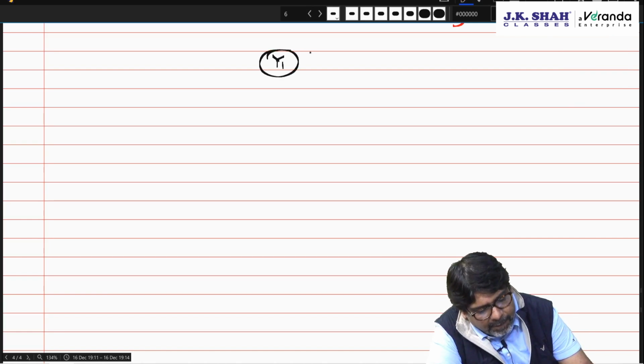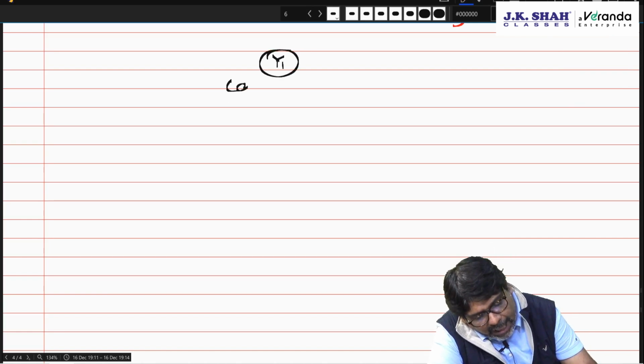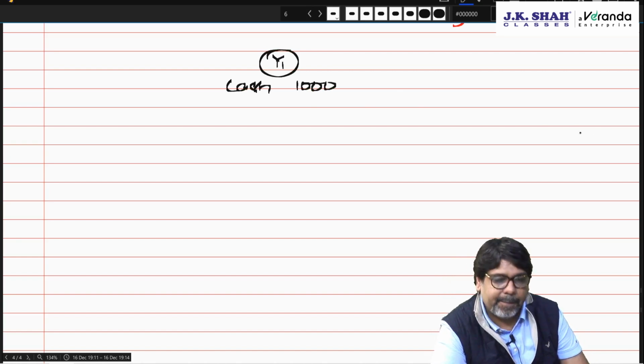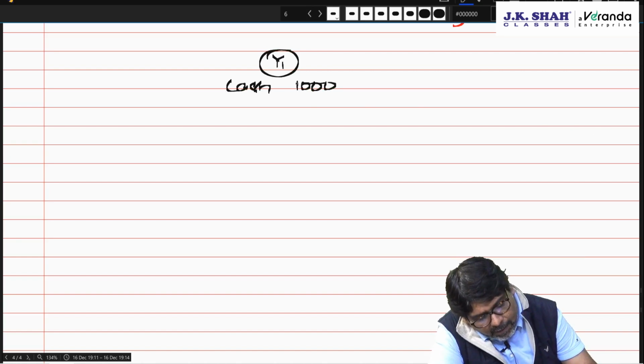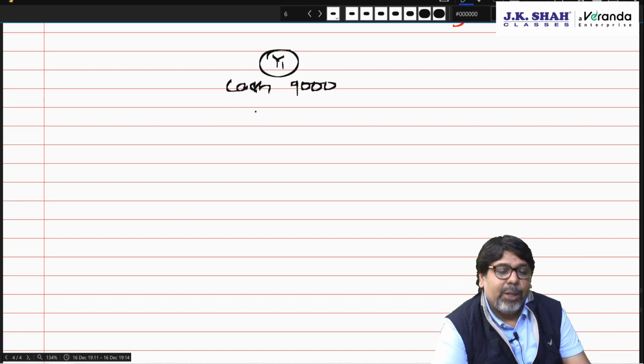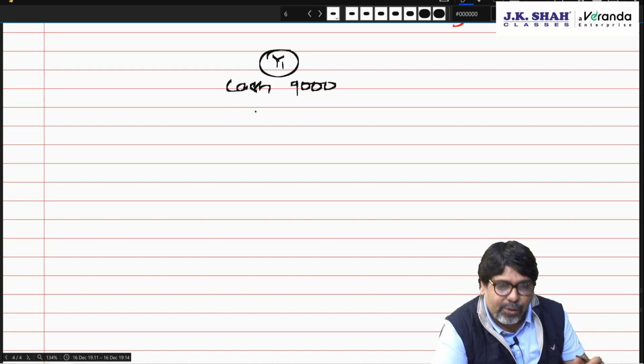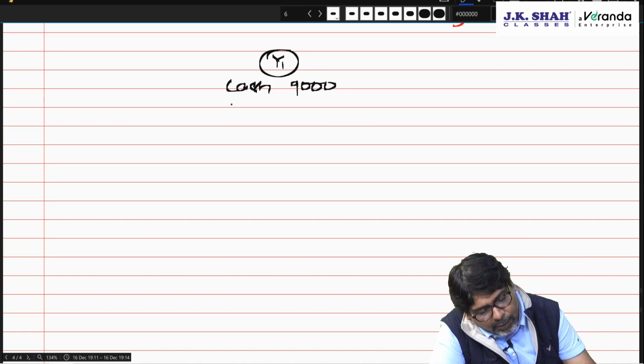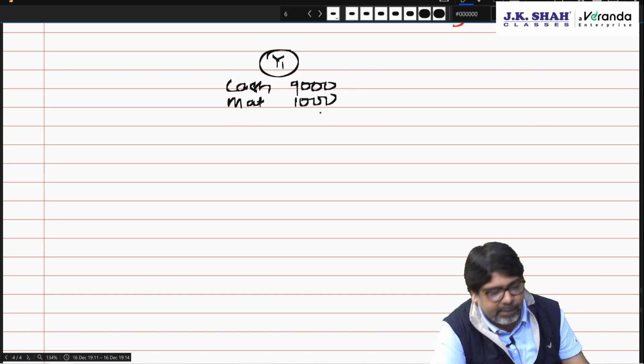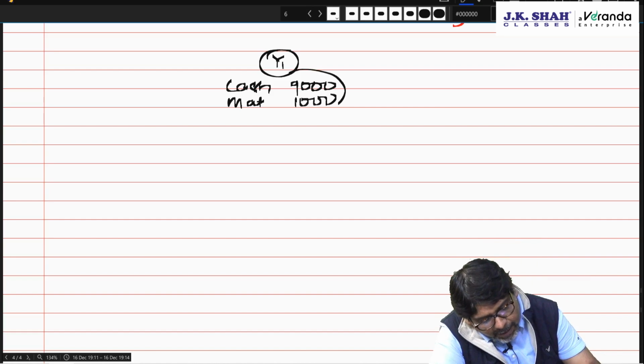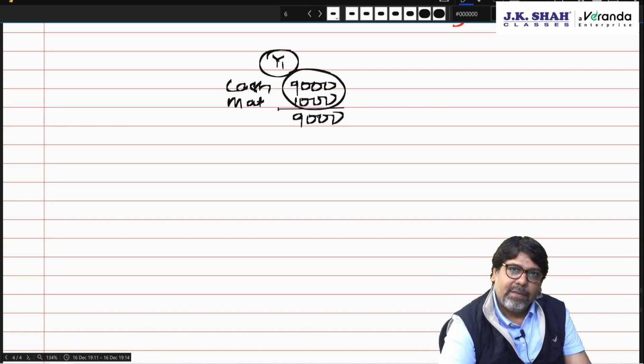Year 1 में you spent cash rupees, say, 9000. You had certain materials in store, so material used from store is another 1000. That means total money spent is how much? 10,000.